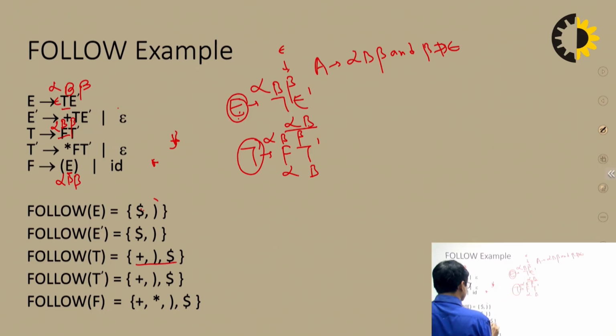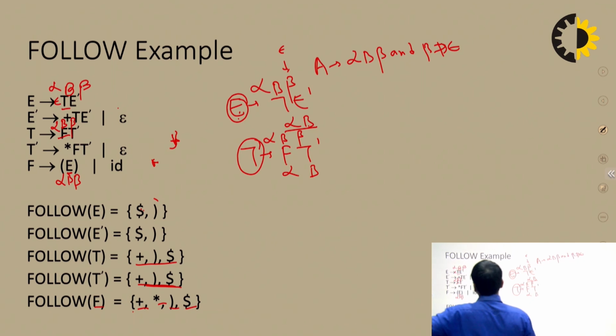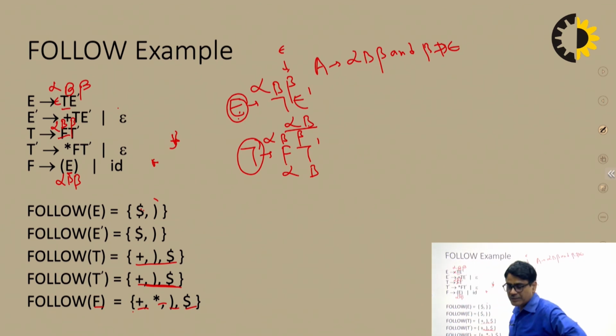The whole follow is copied into that. So T's follow members will be added to T dash and F also. So T dash is having plus, right parenthesis and dollar, and F is also having plus, multiply, right parenthesis and dollar. So we are getting these two values, first and follow, both here.